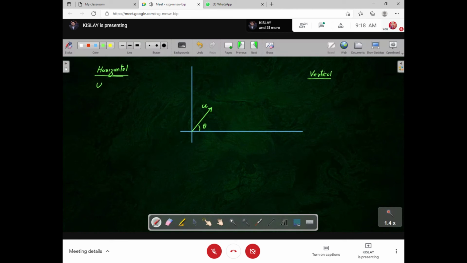So initial velocity horizontal is equal to u cos theta, and acceleration horizontal is equal to 0, meaning there is no acceleration in the horizontal direction. Initial vertical velocity is u sin theta, and acceleration vertical is equal to minus g.